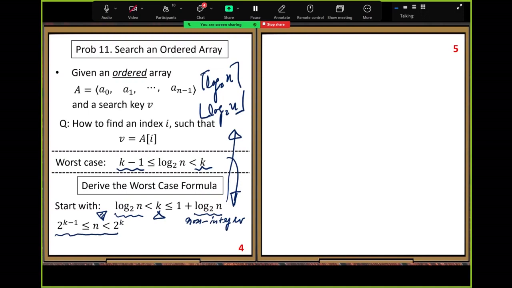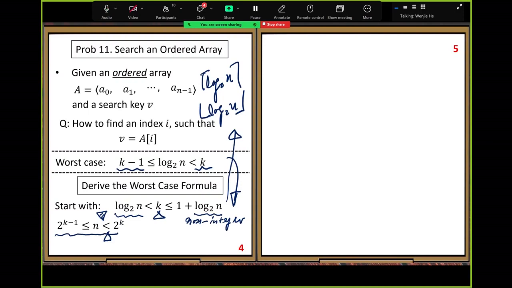What do I mean by that? Look at this inequality sign. N is strictly less than 2 to the k. So this inequality tells us n is strictly less than 2 to the k.